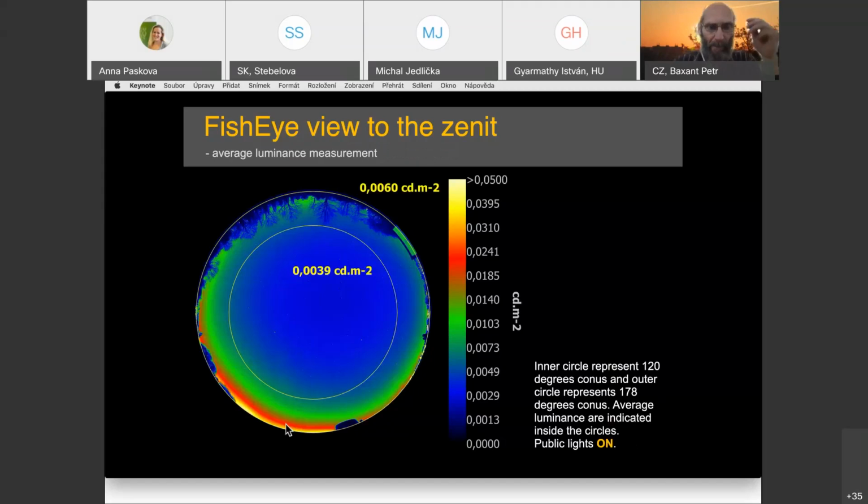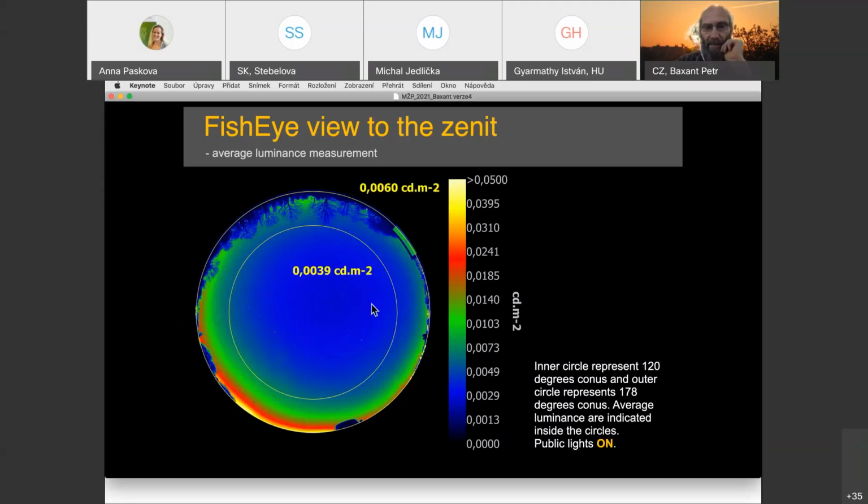For this case, we prepared some detection objects. We use a simple cone in the center of the camera lens, with an angle from the zenith of about 60 degrees to each side, so it means a 120 degree cone in this inner circle, and the outer cone represents an angle of 178 degrees.